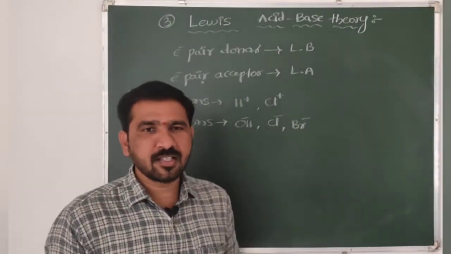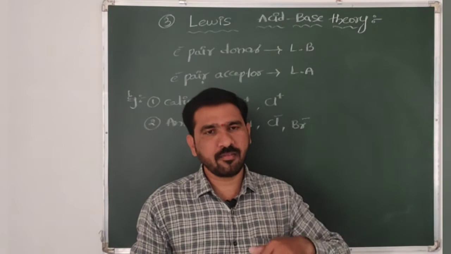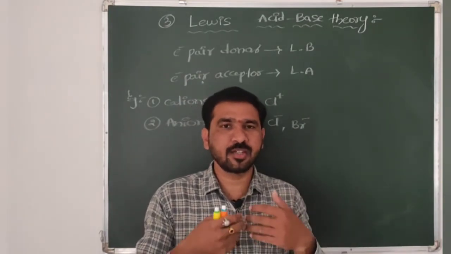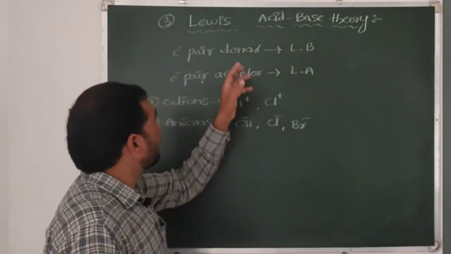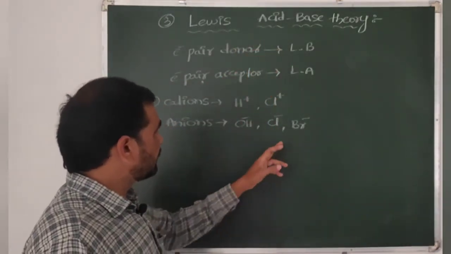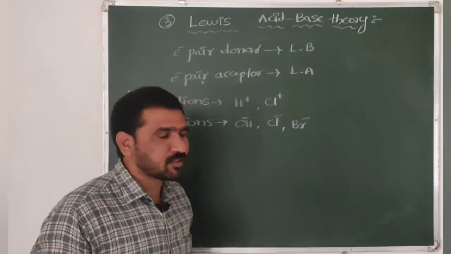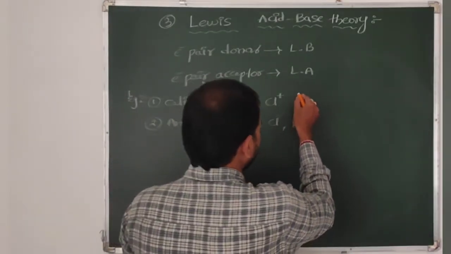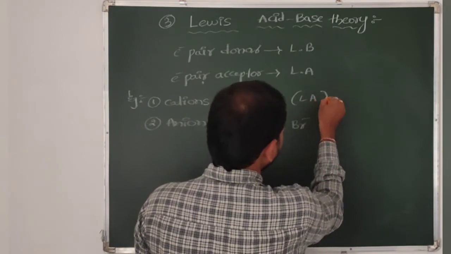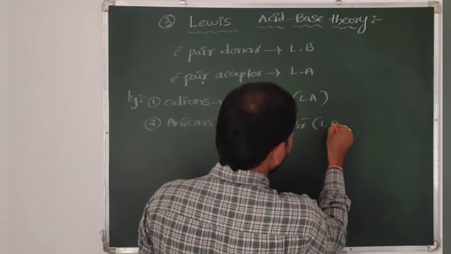These anions, having a pair of electrons, try to donate the electron pair to an acceptor. According to Lewis acid-base theory, these are electron pair donors, so they are examples of Lewis bases. These are Lewis acids. These are Lewis bases.